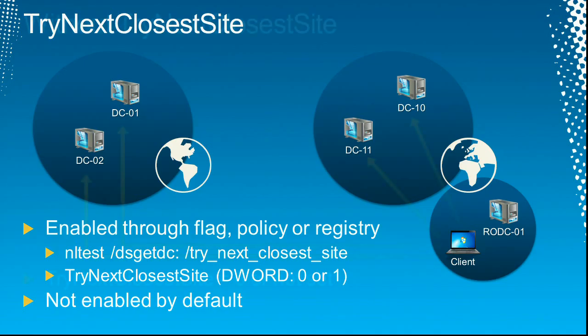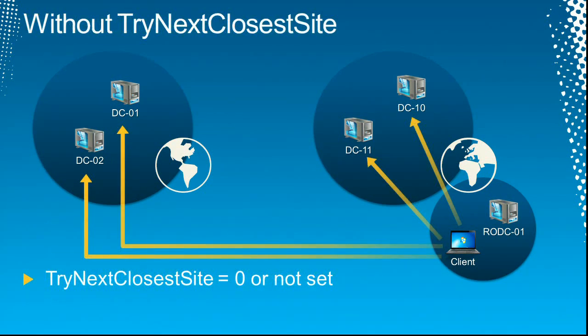In this case, if try next closest site is not set, then any of the domain controllers in the other regional sites can be returned by DC locator, which is an undesired situation because you don't want clients, for example, logging on or authenticating against or using applications using DCs in a far site. You will have timeouts, you will have a bad experience for the users that are logging on, for example.